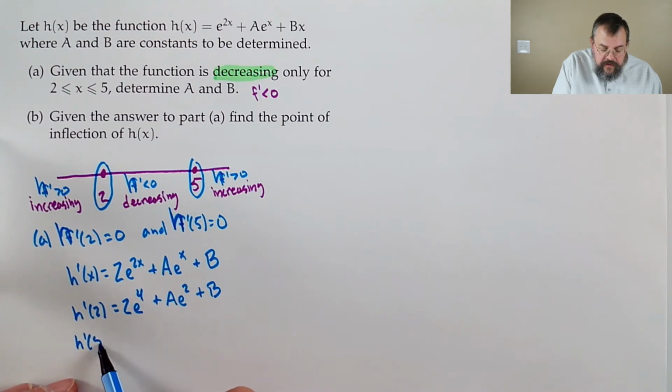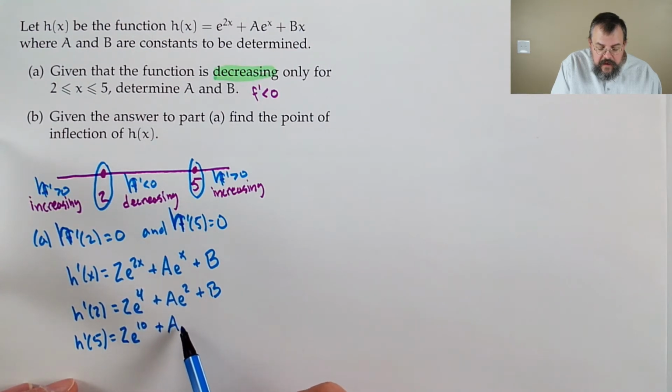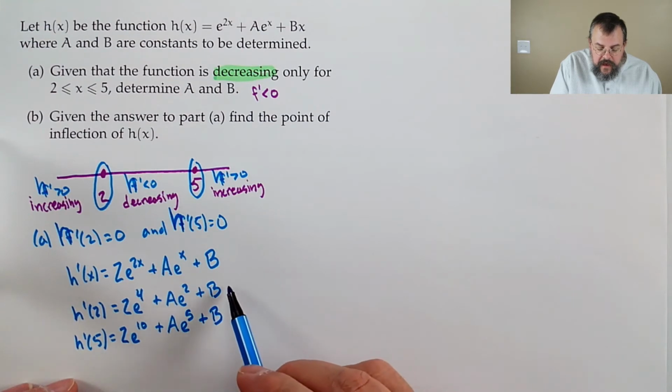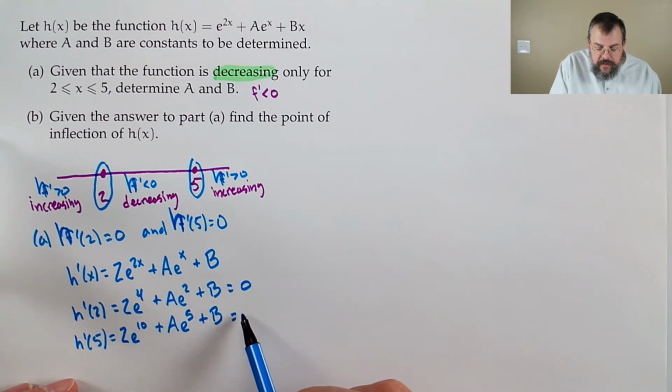H prime of 5 would be, well, 2e to the 10 plus a e to the 5 plus b. And equals 0, equals 0.